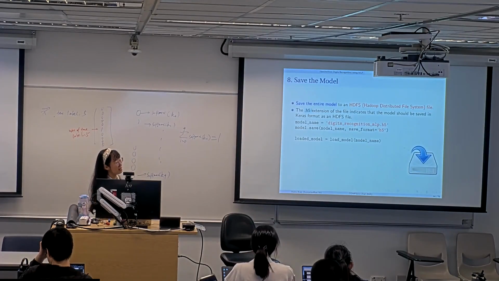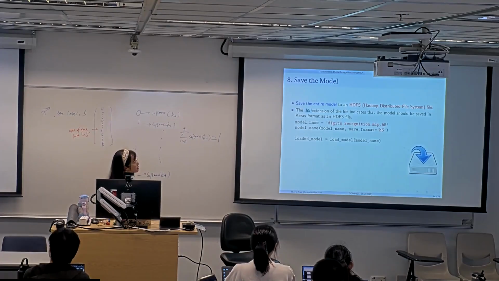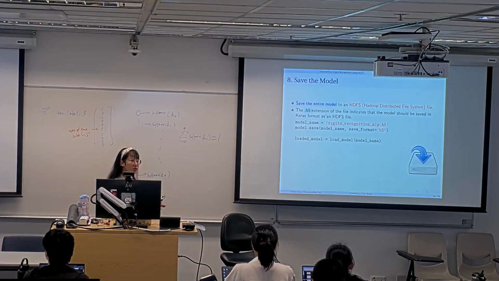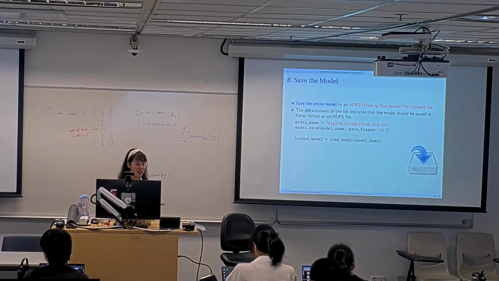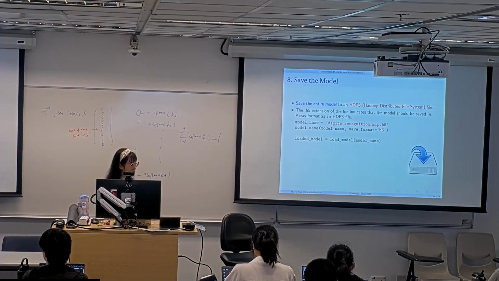In your lab or PA, you may be required to save it in another format, which is also a file format in Keras. You can choose either way, but in the PA and lab you still need to follow the instructions. Here we show you an example of this HDF5 file.